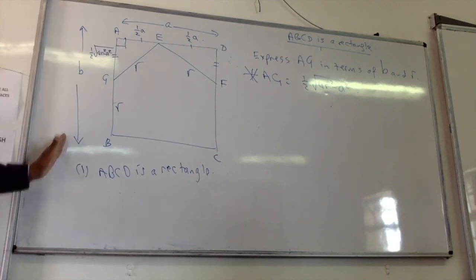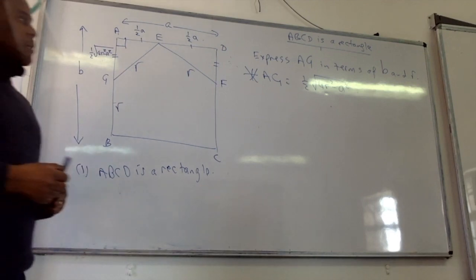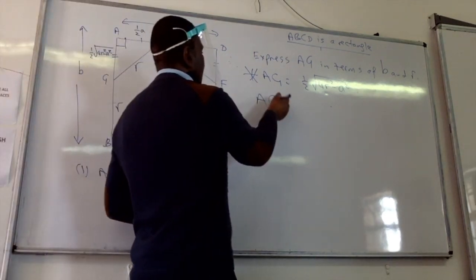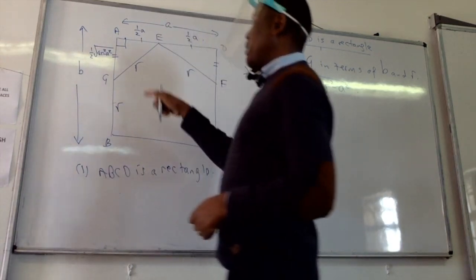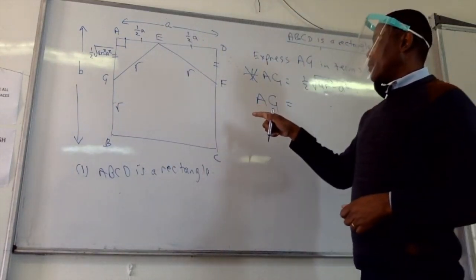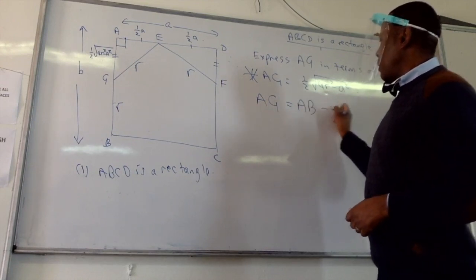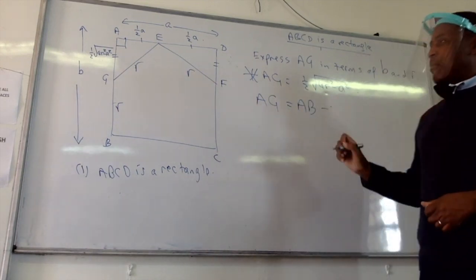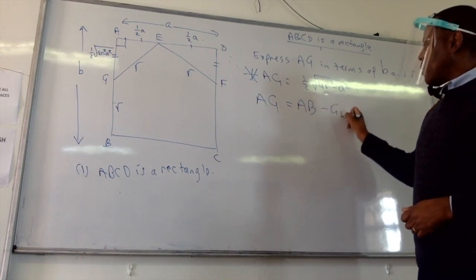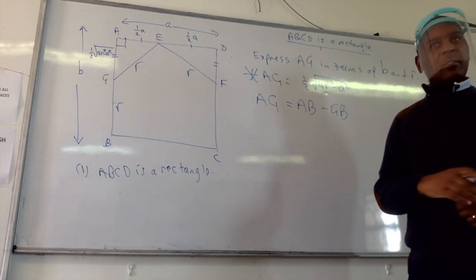Because remember, guys, this is b. Can't you say AG is equal to b minus r? So AG is equal to AB minus BG, right?